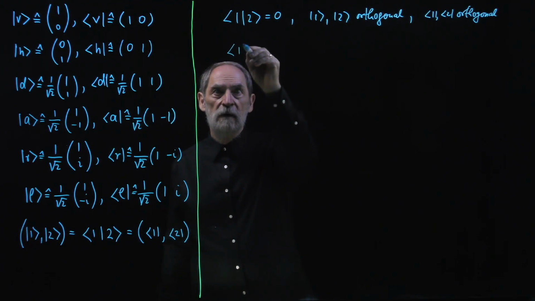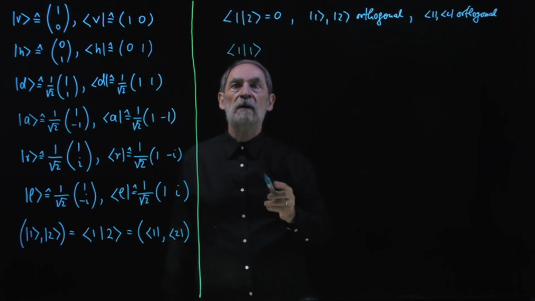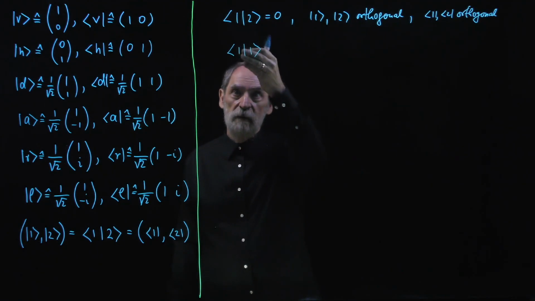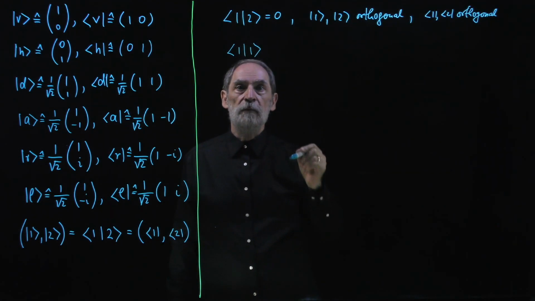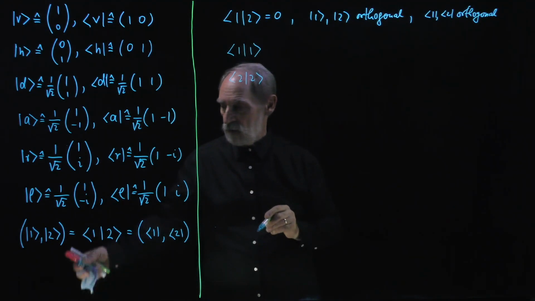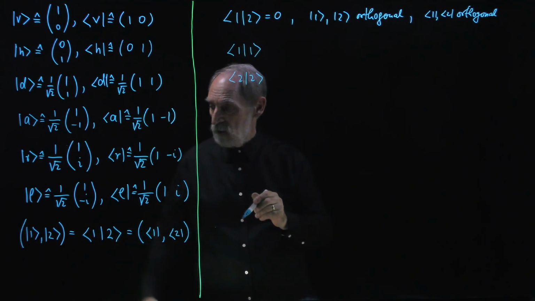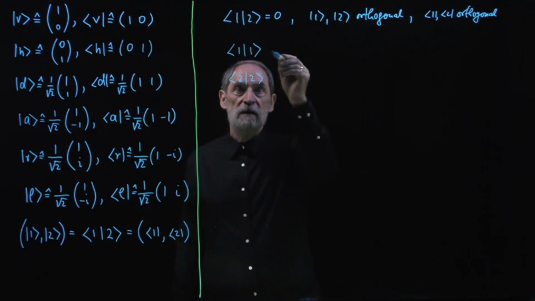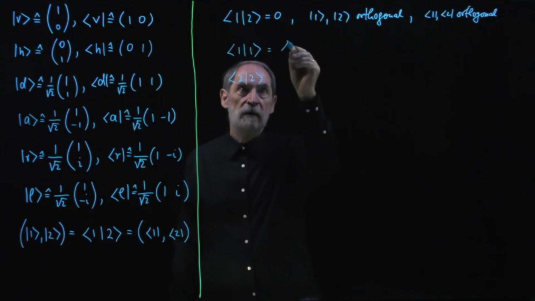So for example, the inner product of the ket 1 with itself, multiplying with the bra 1, or the same for the ket 2 that appears in our generic scalar product, inner product.